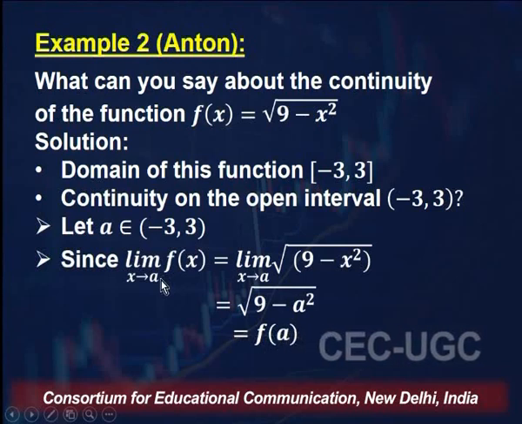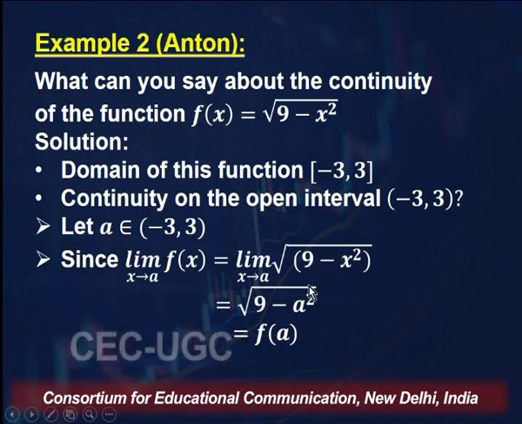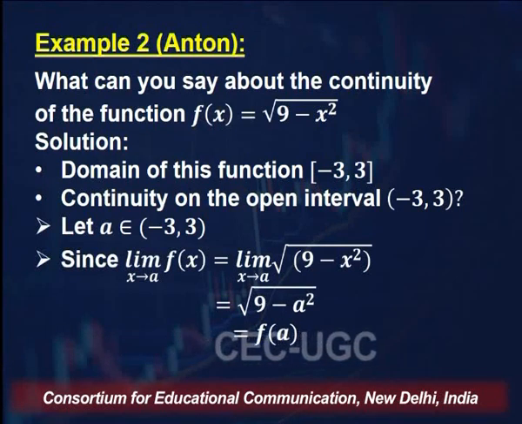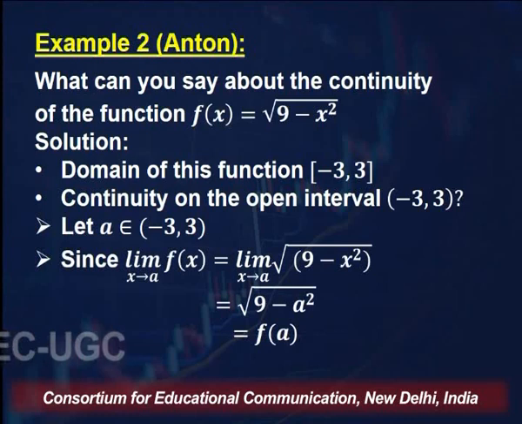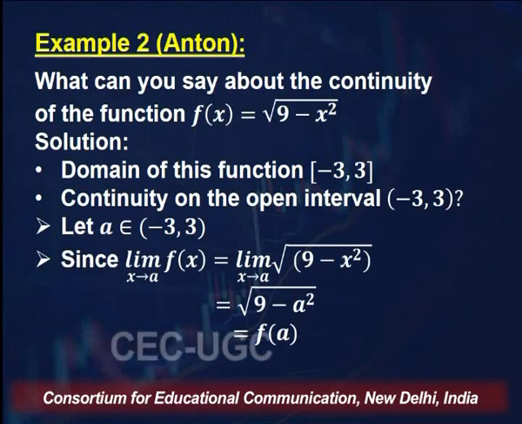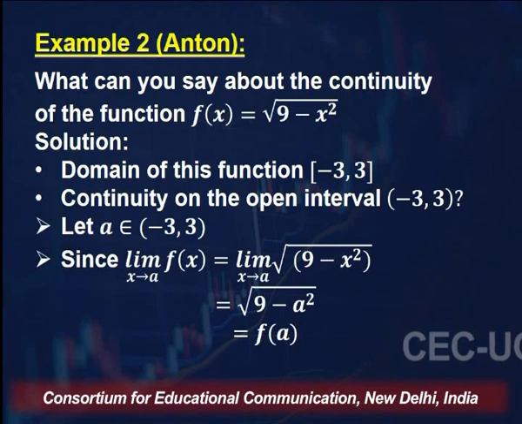You can see here that the limit of the function as x tends to a is nothing but the limit of square root of 9 minus x squared as x tends to a. That is square root of 9 minus a squared, which is the value of the function itself at x equal to a. So this establishes continuity on the open interval.